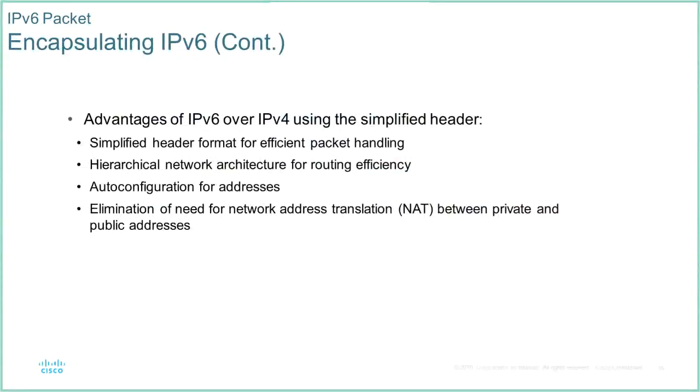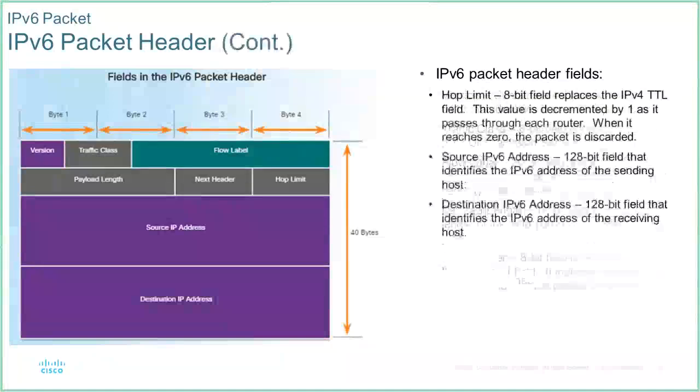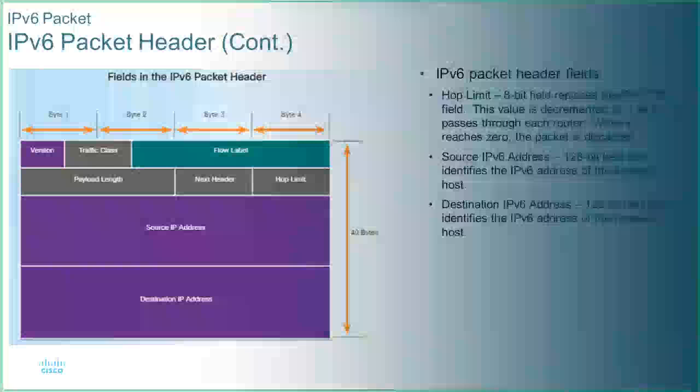And it gets rid of network address translation between private and public addresses. So I've basically gone through that earlier, so I won't go through this again. Basically talked about those fields.